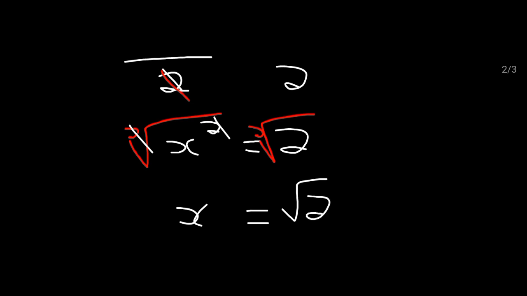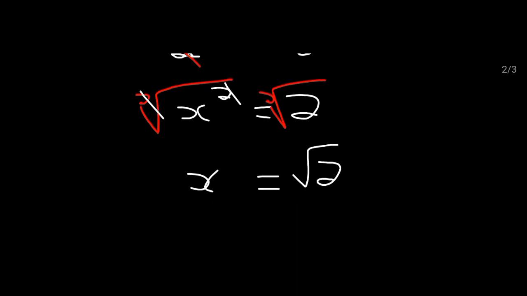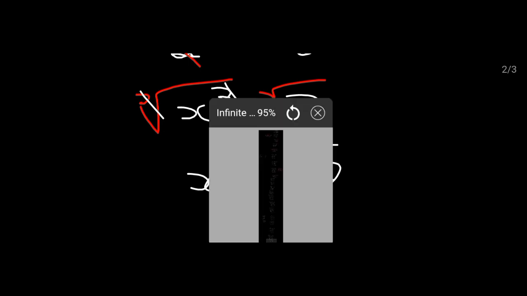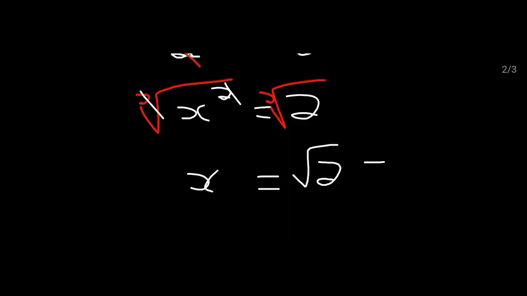Because 2 is not a perfect square, it doesn't have an exact square root. Its square root will give you decimals, 1.41 and so on. So I'm leaving it in the simplest way, but if your teacher wants you to write it in decimal, you can write it as a decimal. There's no problem. You write 1.41.